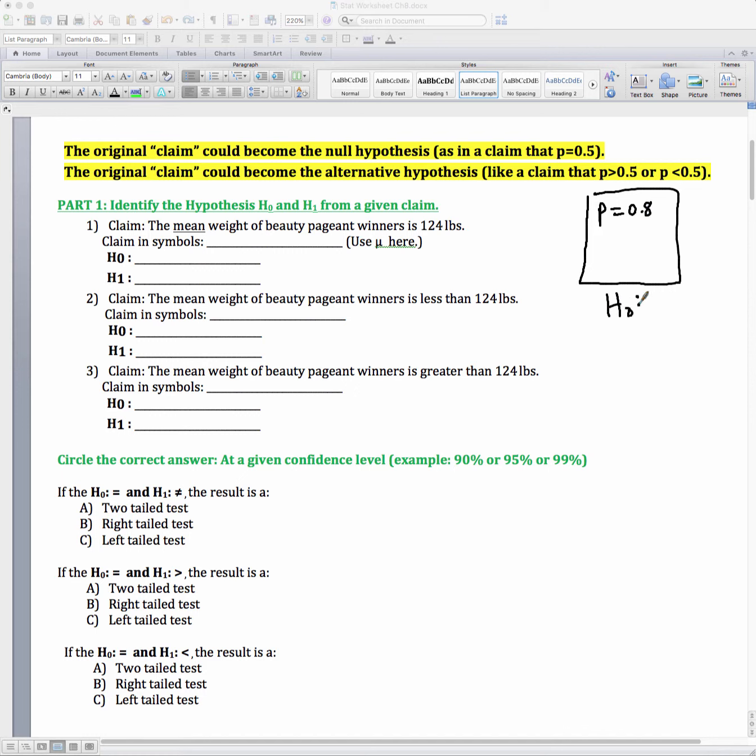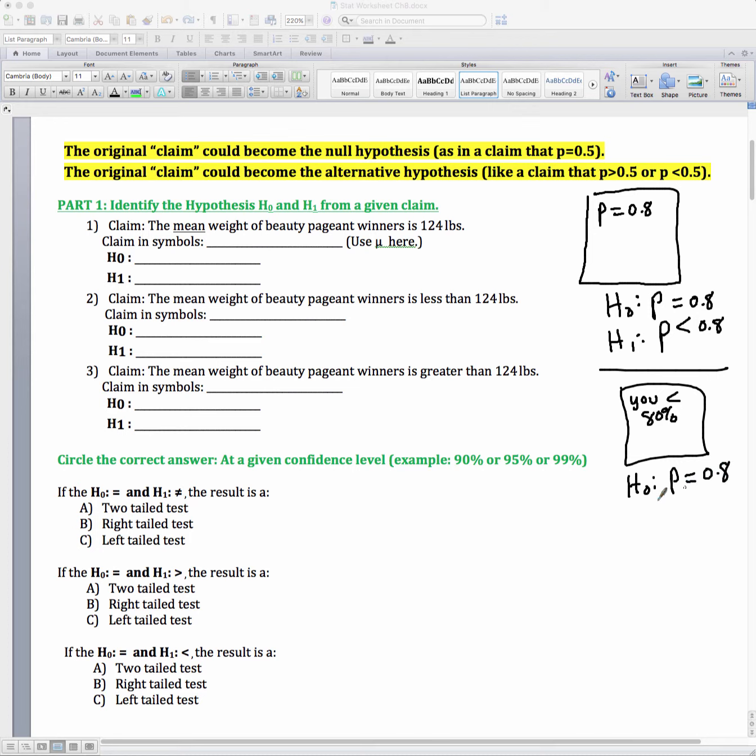And that would be my null. And then the alternative would be, you would say, no way, you're not that good, you're less than it. Or you could come to me and say, there's no way, you're less than an 80% shooter. So the null still would be the same. And the alternative would still be the same. It's just two ways to do it.